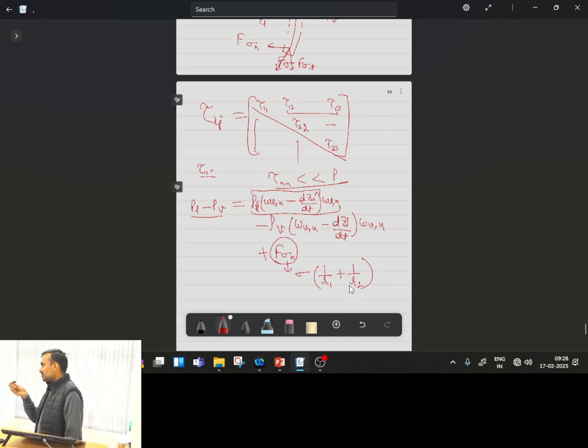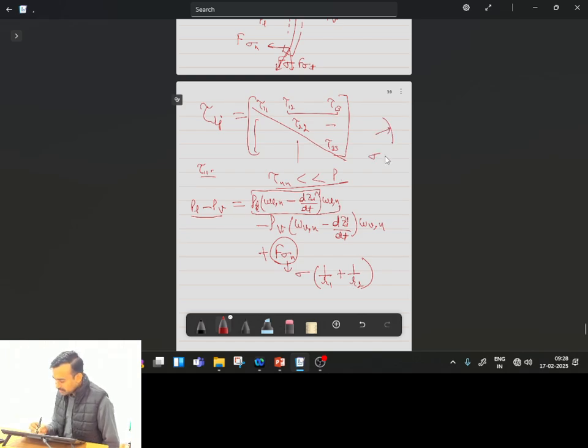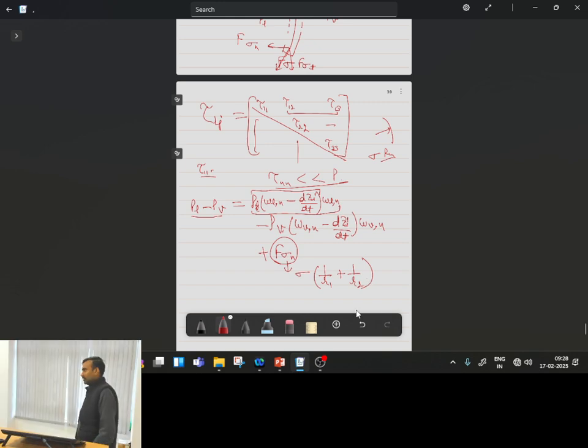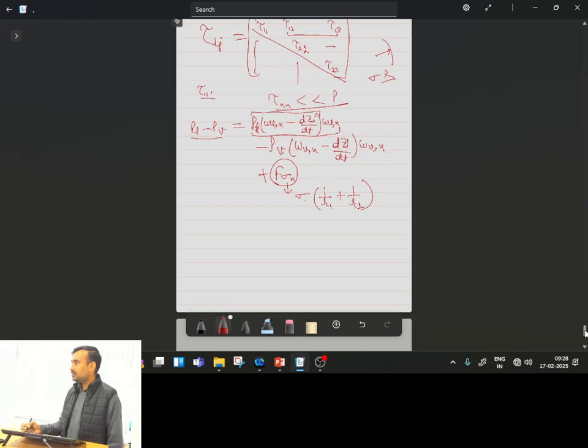Surface tension force normal to the interface is always sigma times mean curvature. And what is that mean curvature? 1 by R1 plus 1 by R2. That's why F sigma n will be sigma into 1 by R1 plus 1 by R2. All are clear with this point?